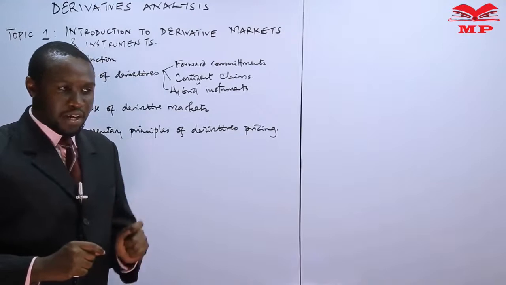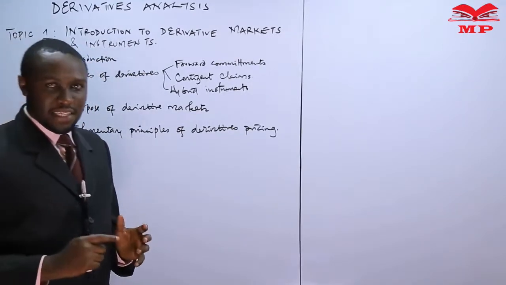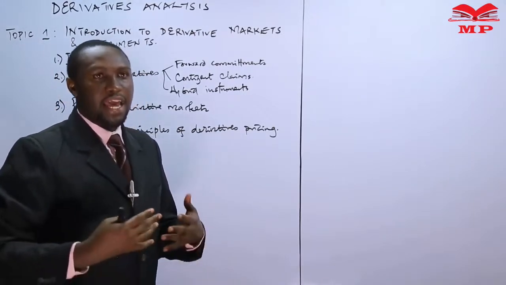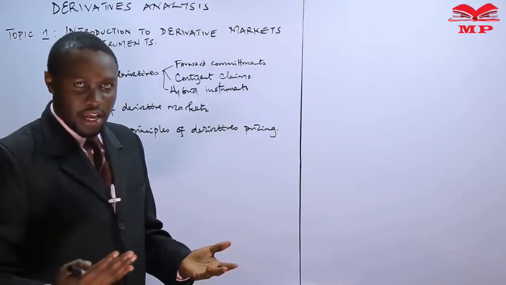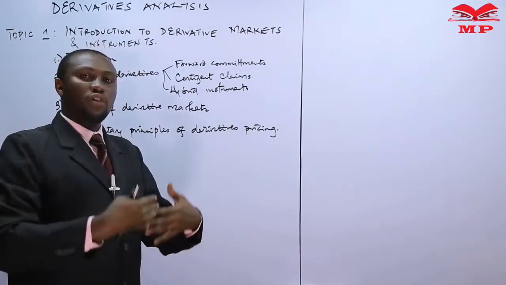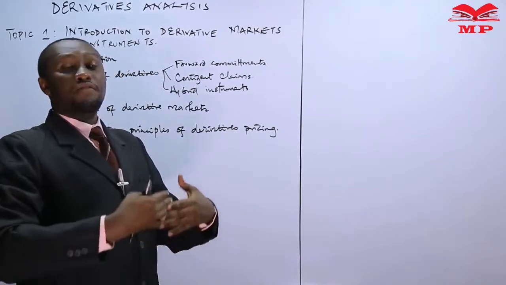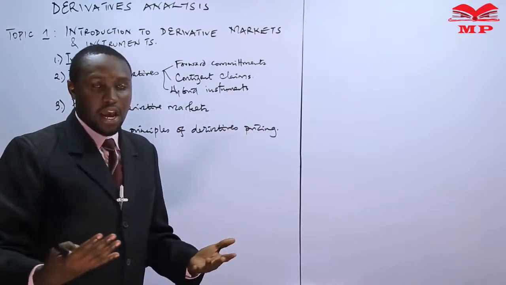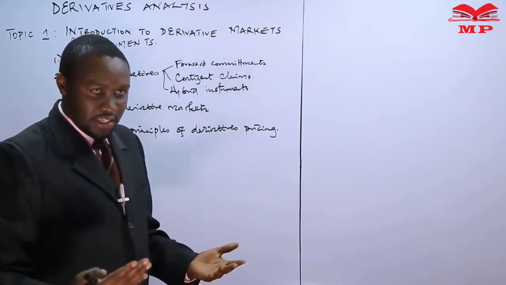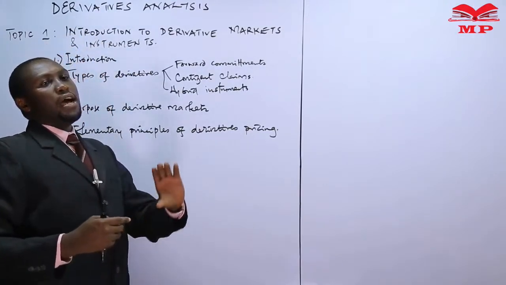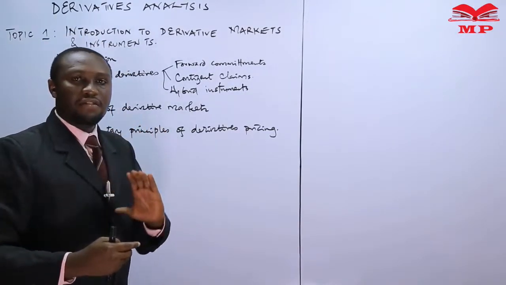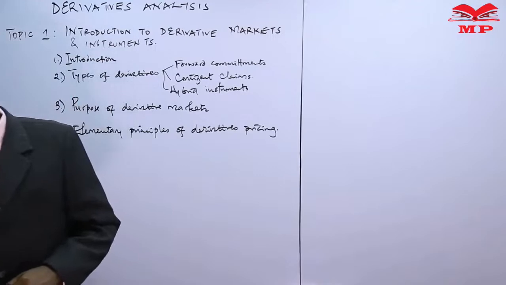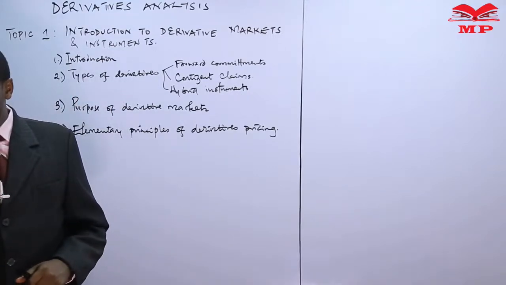This financial instrument could be an asset, and this asset could be a security, like a share, a bond, a currency or exchange rate, or even a commodity, things like gold, precious metals, or agricultural products. So this item that gives the value to the other is called what? The underlying instrument.